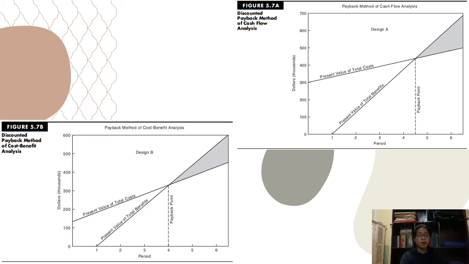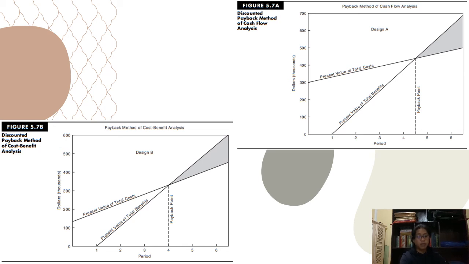The payback method is a variation of break-even analysis. The break-even point is reached when total costs equal total benefits. As you can see in these two figures, they illustrate the approach using the data from the previous example. The total cost curve consists of the one-time costs plus the present value of the recurring costs over the life of the project.